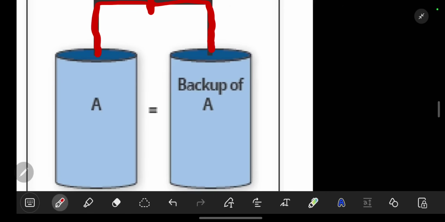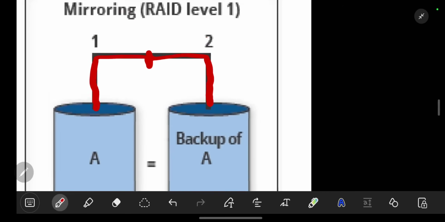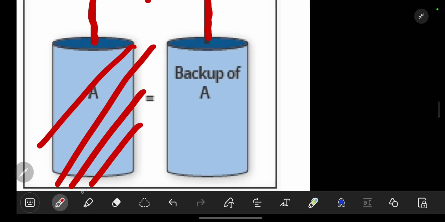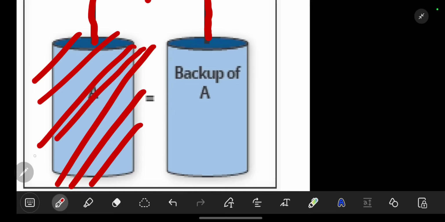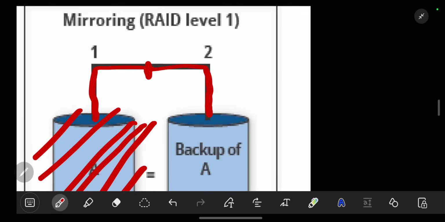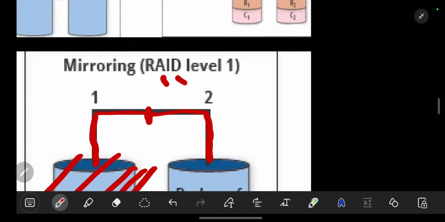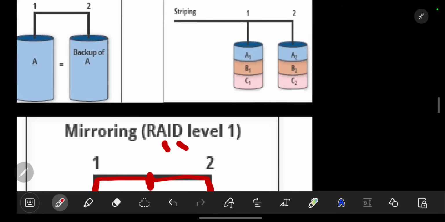So we have A, then we have the backup of A, so that in case there is a fault in A, it will promote redundancy, which means no fault in terms of the storage of memory. The exact things that you lost here, you will find them in a backup. So that is RAID level 1.